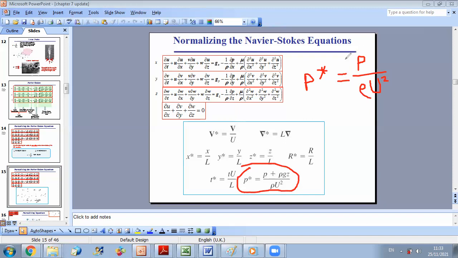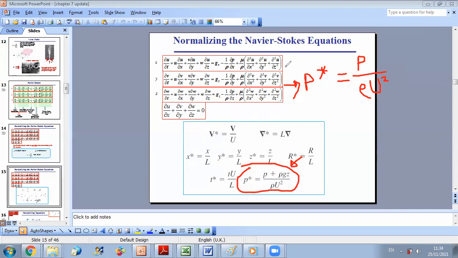I will tell you what is the difference and why in some books they use this approach. But at the end, you should just know how to use whichever definition we specify, and to derive the corresponding dimensionless equations that you will get. So let us start with this definition, and then I will derive for you the expression for the other definition of P star.